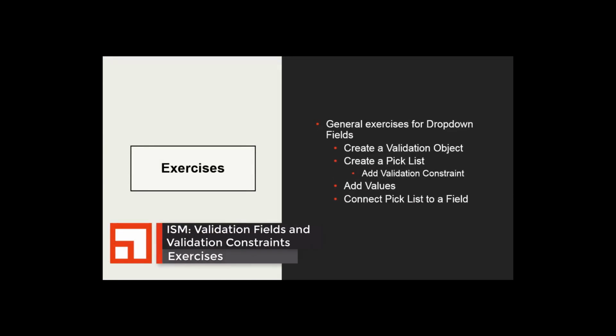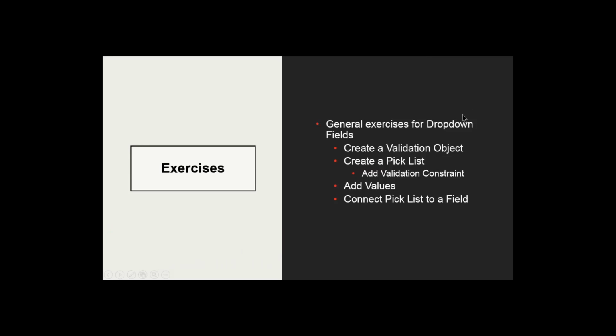And finally, here are some exercises for you to try. This looks a lot like the exercises in part 1 of the class, but it is very similar. You're going to create an additional validation object. Remember, I created a second one that had the room styles and the bed sizes. Create a pick list. In this case, the pick list is going to be connected to the room style field so that you can add those.